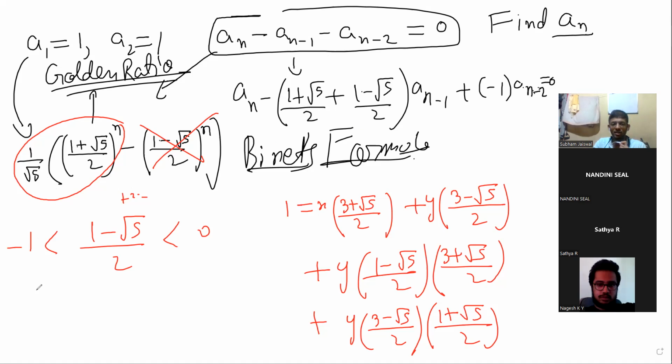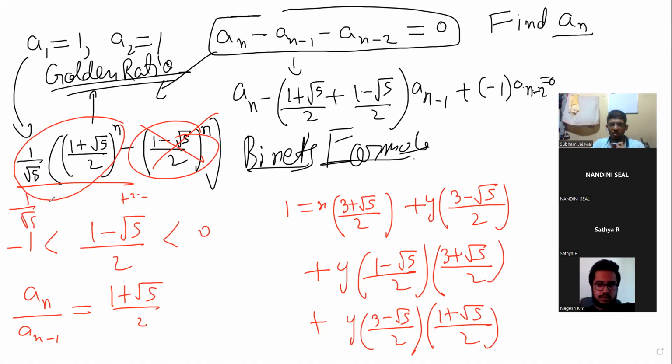So then you know that the Fibonacci sequence is just this. If a_n is the nth term and a_{n-1} is the previous one, take the ratio. What will the ratio be? It will just be this, because up to approximation, the small term is more or less not there. It's 0.00000 and so on as you go to n equals 100.